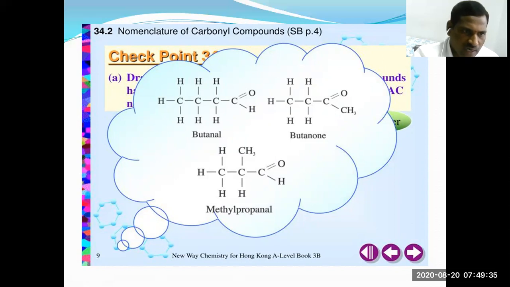So al is for aldehydes. That's why the name of this compound is butanal. Whereas this has 1, 2, 3, 4 carbons, the second carbon having the keto group, the name of this compound is butanone. See here, this is the aldehyde group, the second carbon attached with a methyl group, so methylpropanal.